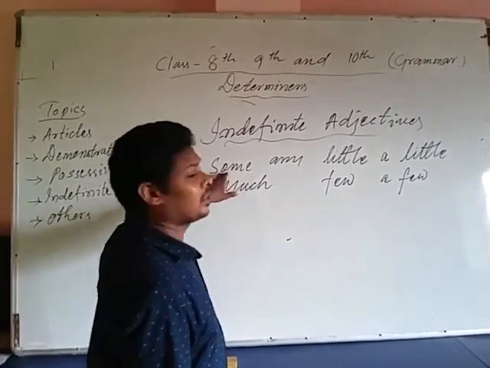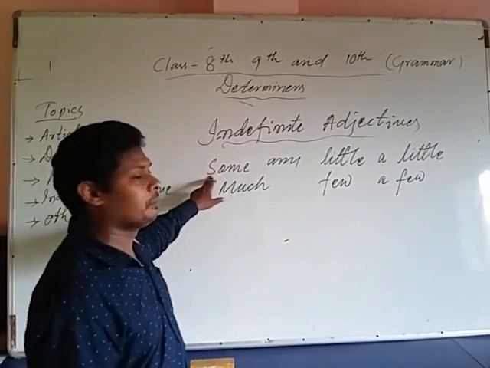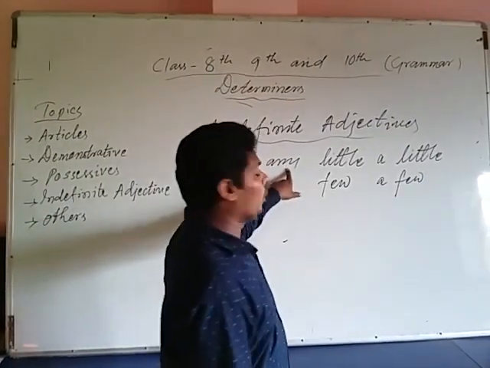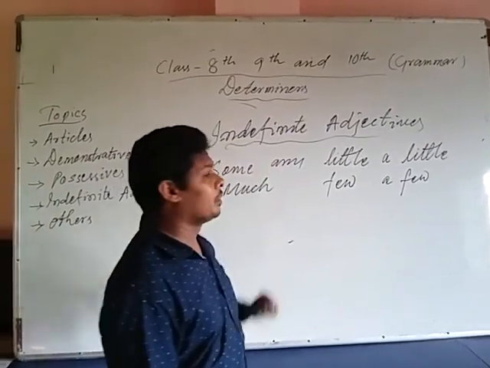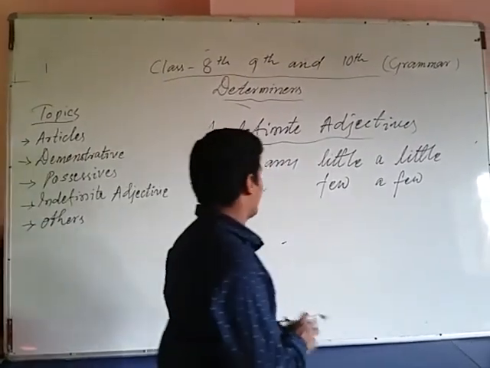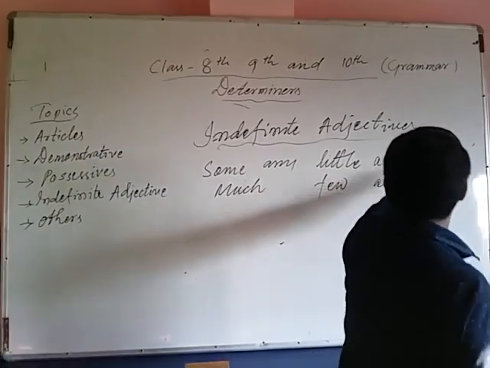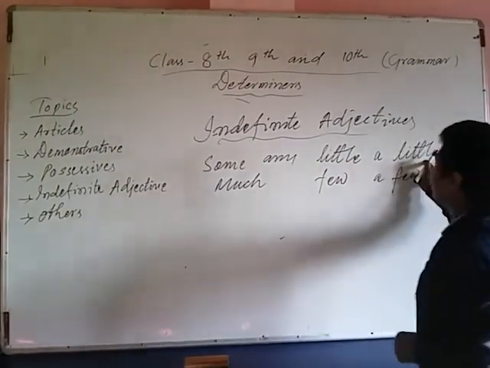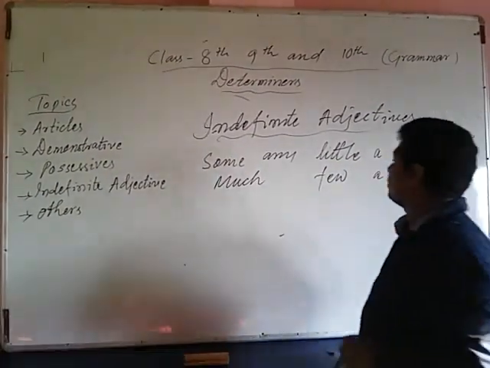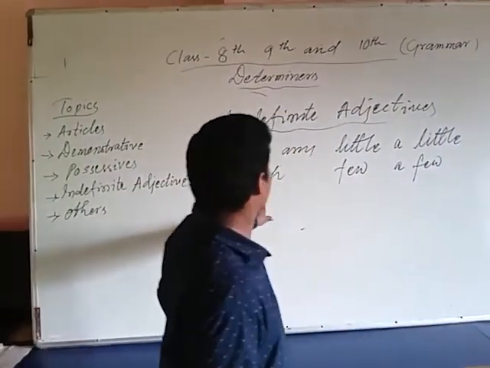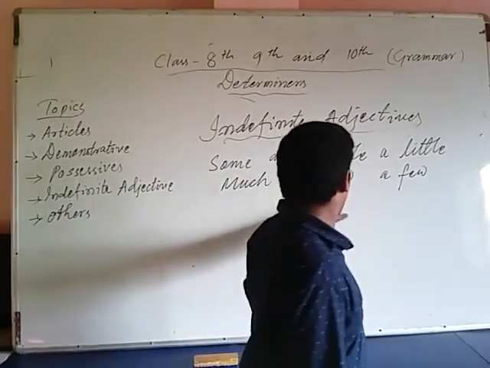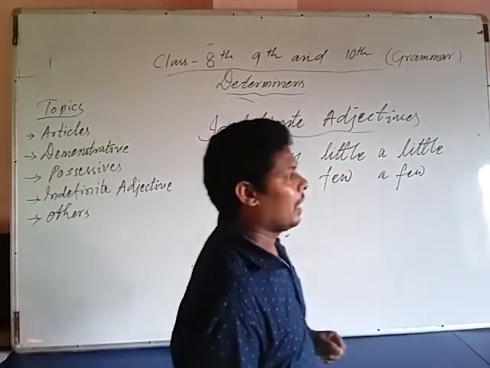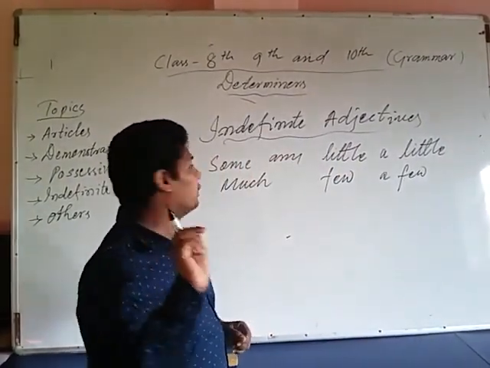Some can be used with countable and uncountable nouns, and any also can be used with countable and uncountable nouns. Little, a little are used with uncountable nouns, and much is also used with uncountable nouns. And let's see, few, a few can be used with countable nouns.